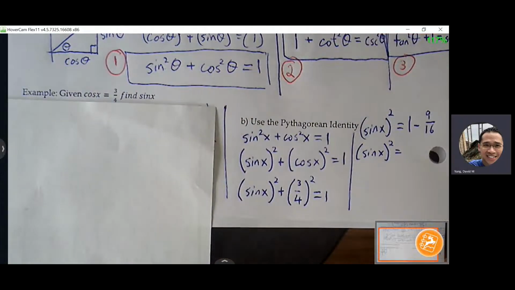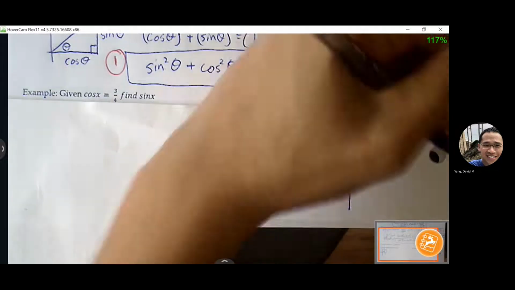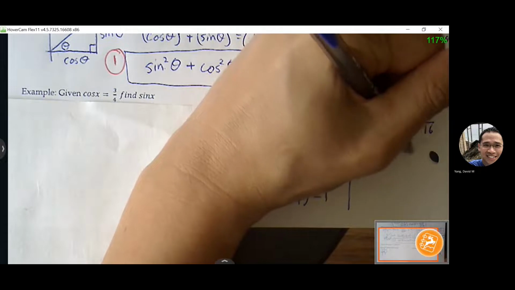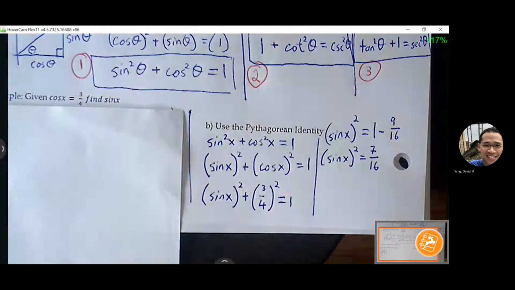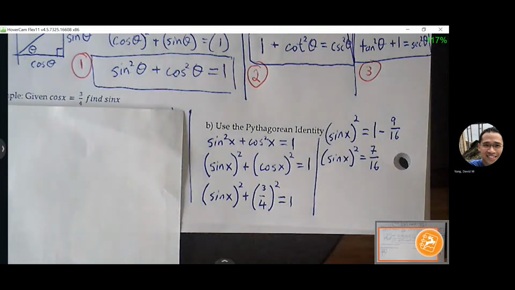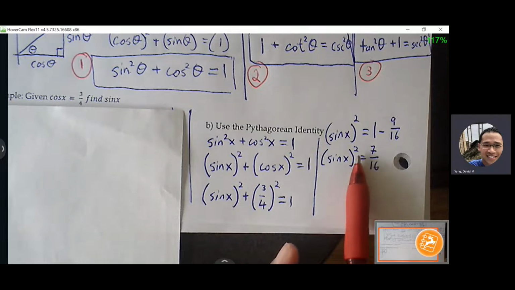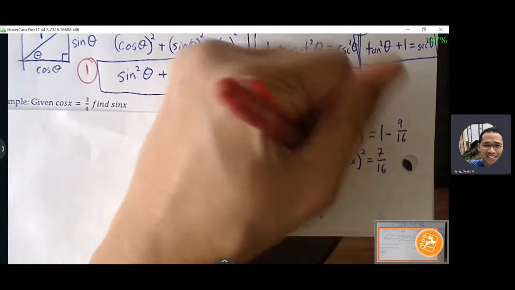Okay, what's 1 minus 9 over 16? And then to get from sine squared down to sine, we can take the, not the inverse. How do we undo the squared? Square root, yeah.